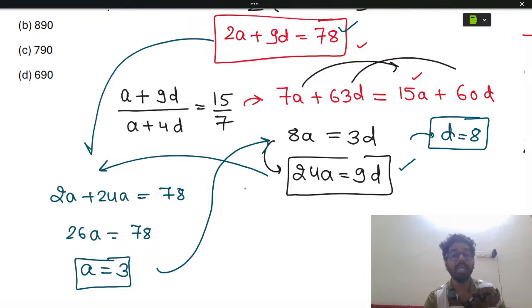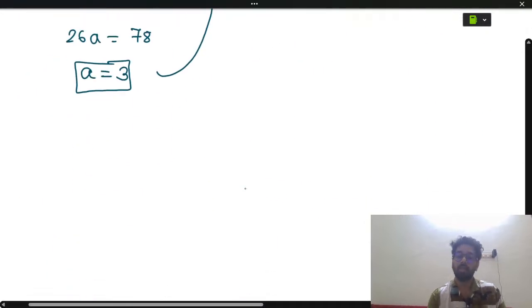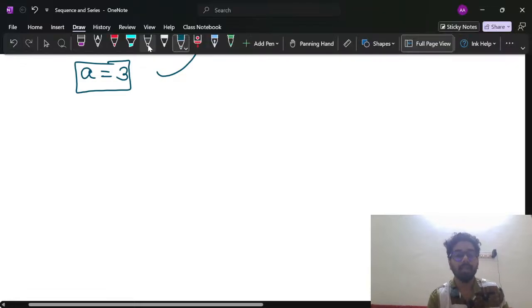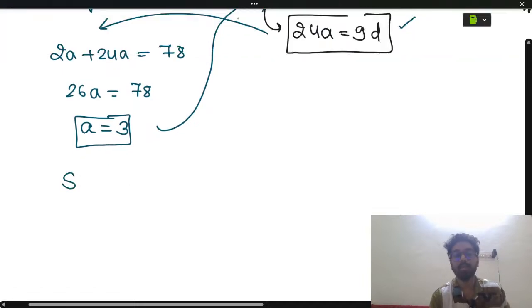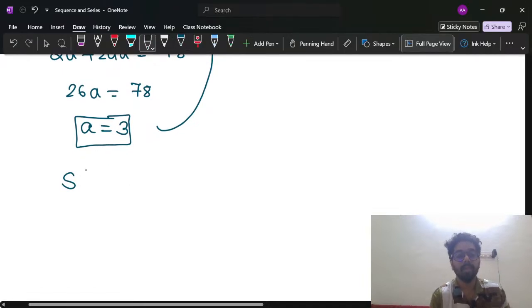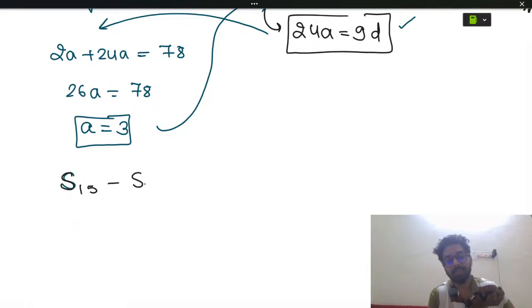So now we have got a, we have got d. Now they're asking S15 minus S5. No problem. So what is S15? Guys, let's write it down. S15 minus S5.